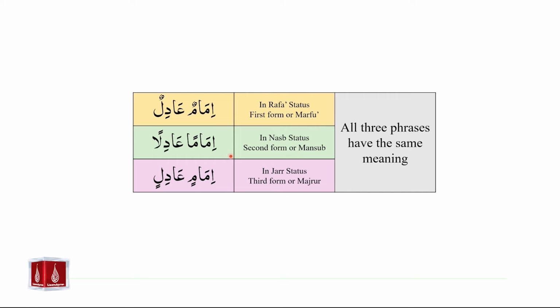Finally, imamin is the Mosuf and adilin is the Sifat. Imamin is jar in status. Therefore, adilin will also be jar in status. And therefore, the entire descriptive phrase will be in jar status or it will be majroor.